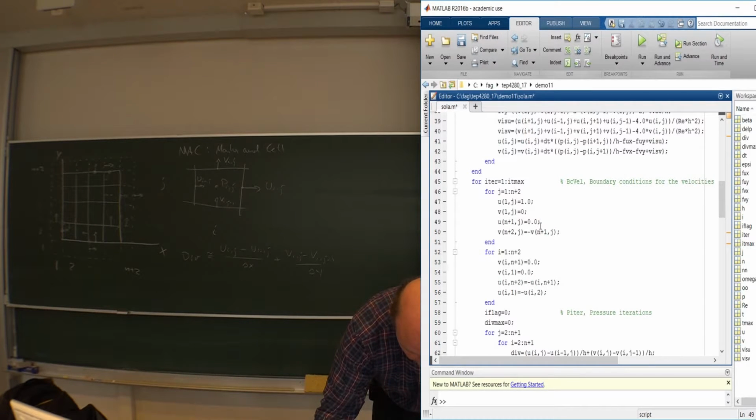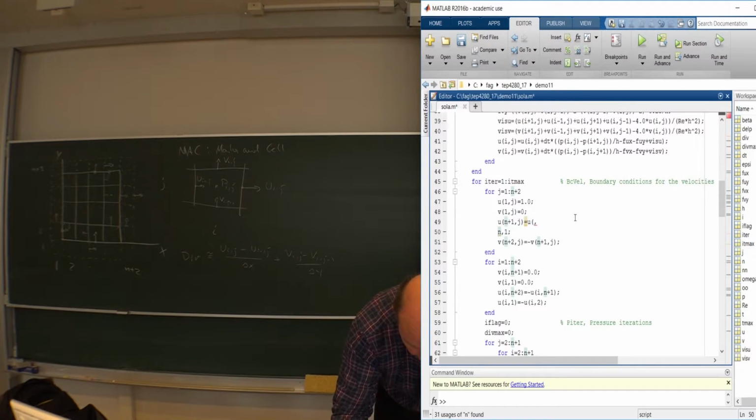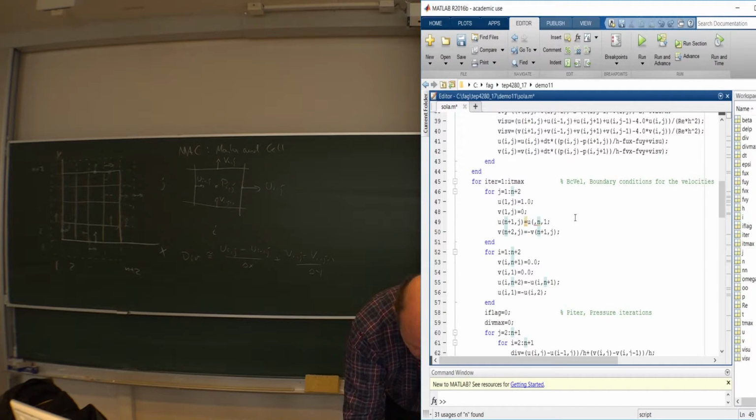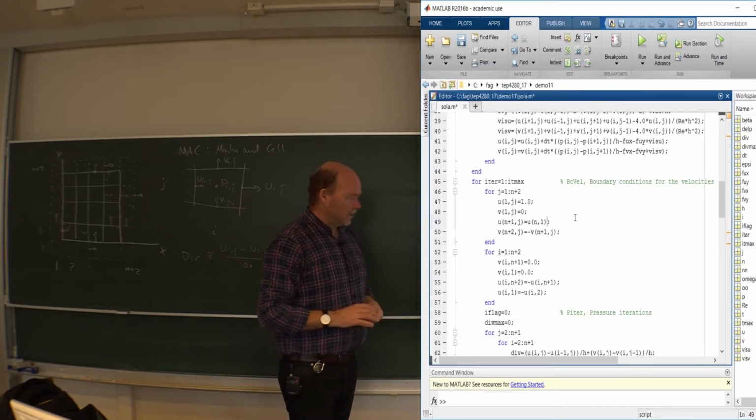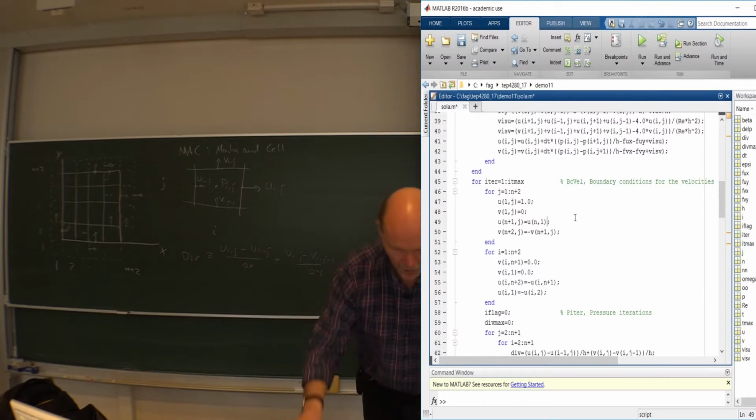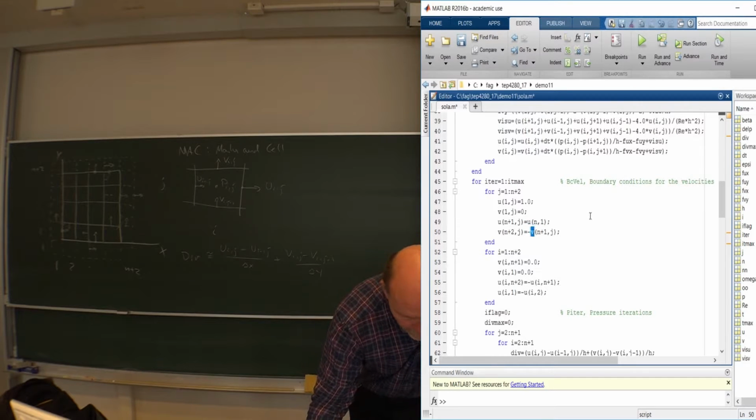It should be here somewhere. u at n+1 equals u to the left, like that. Then I have a derivative equal to 0, actually half a cell inside the domain, but never mind.